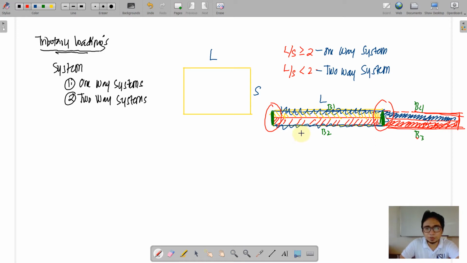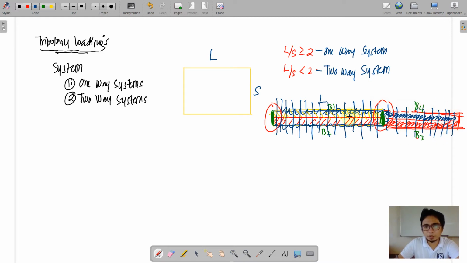So in reinforced concrete, we want to have a one-way reinforcement, meaning the reinforcing steel bar is just concentrated along the long direction. So how is that done? This is a top view. The reinforcement will just be concentrated along the long direction.